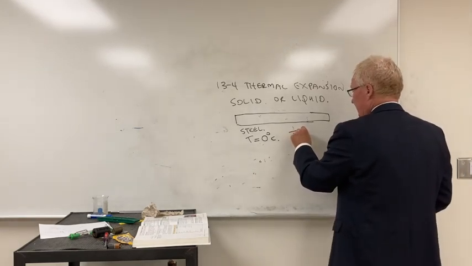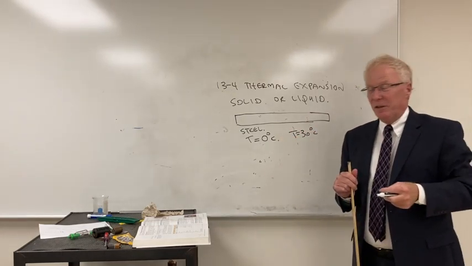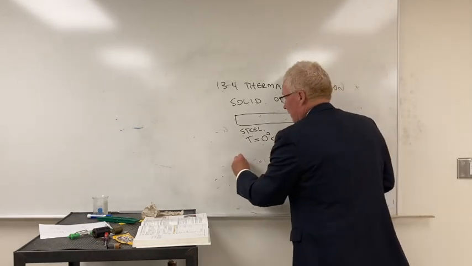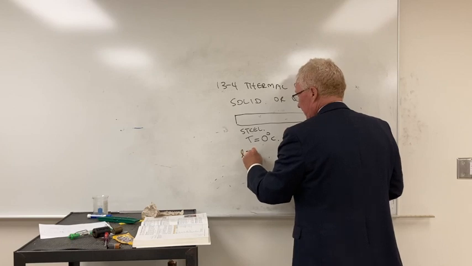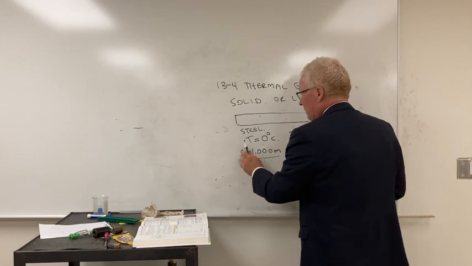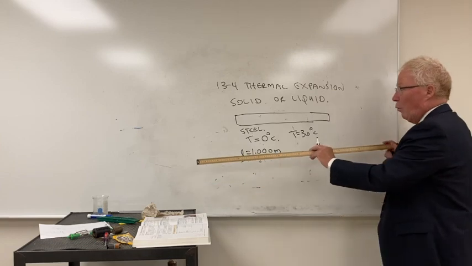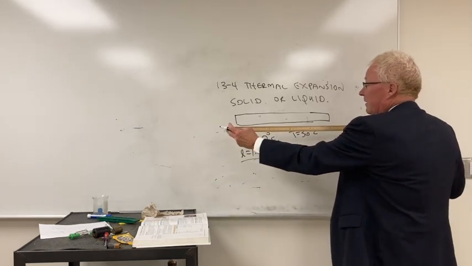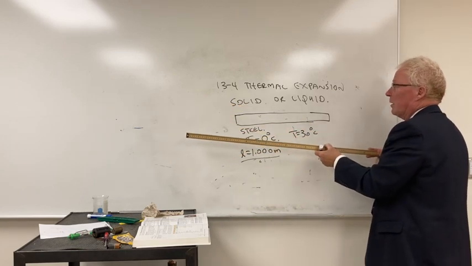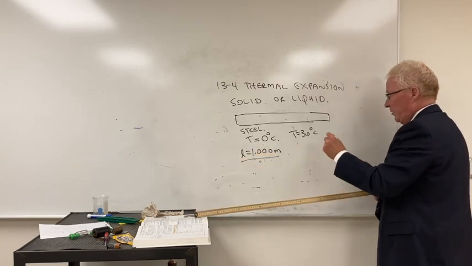So let's say a temperature of 30 degrees Celsius, which is probably about 90 degrees Fahrenheit. At the starting temperature, let's say the length is 1.00 meters, L, and we're using the same notation the book has, a little L. What would be the length of that steel ruler? Again, we're taking this to be steel instead of the wood it obviously is, because wood has different properties of expansion. What would be the new length?